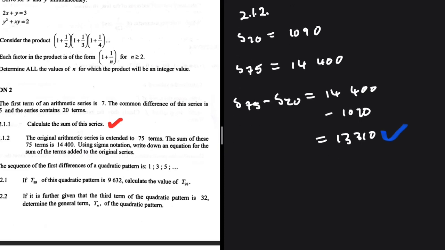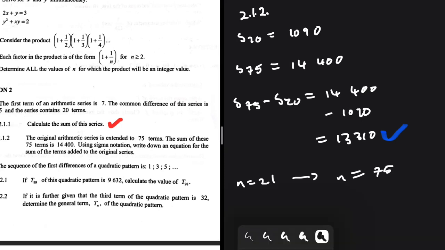But we're not just looking for the sum of the terms added. We have to represent it using sigma notation. So from S20 to S75, we start with n being equal to 21, up until n is equal to 75. So we know what number to start with at the bottom of our sigma and what number to put up there.